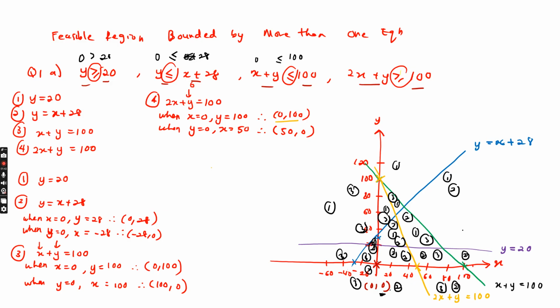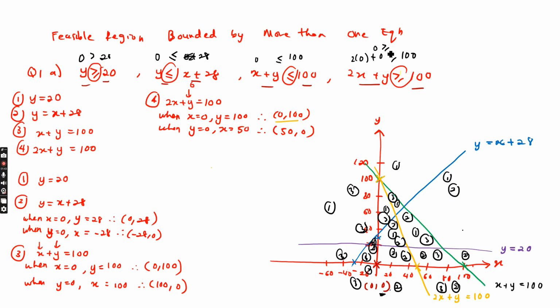Label like this first. Okay, the next one, the last one, which is 2x plus y, the yellow line here. The left side here is the area that has point 0, 0. The right side is the area that does not have 0, 0. So what you need to do now is substitute 2x plus y. You put 2 multiplied by 0 plus 0 greater than 100.